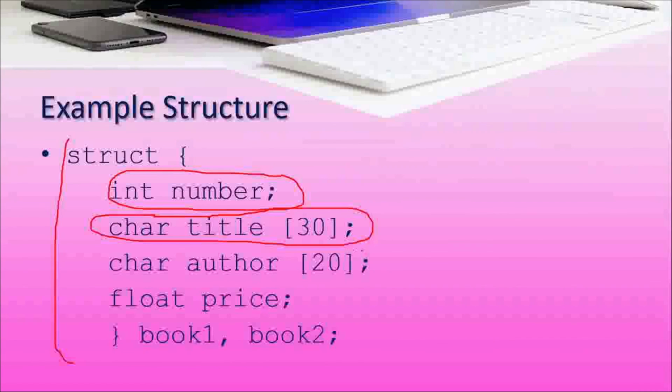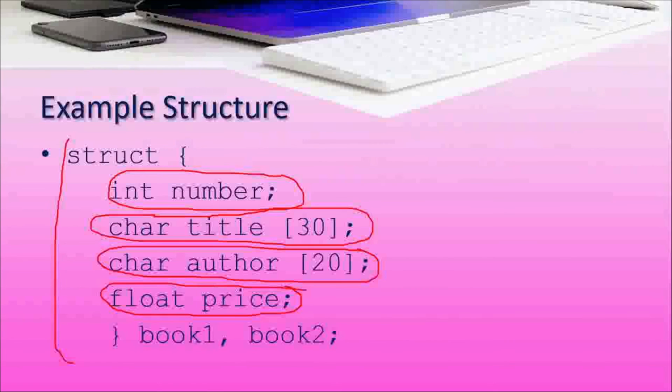Then another character array, char author 20. Then float price, a floating point variable, that is price. Then the braces end, then book 1 as well as book 2.